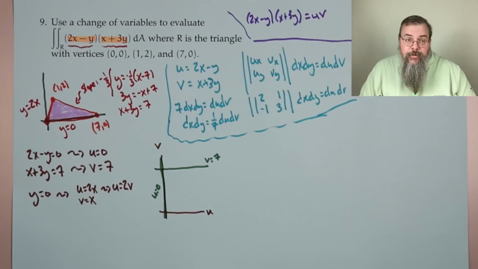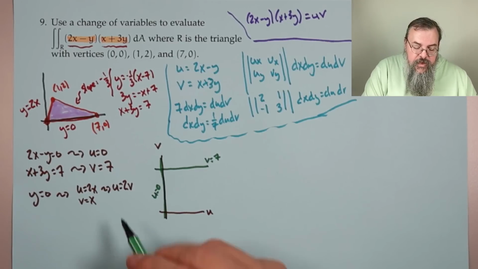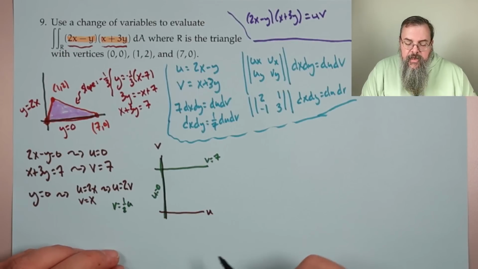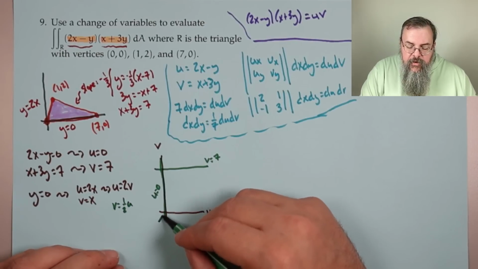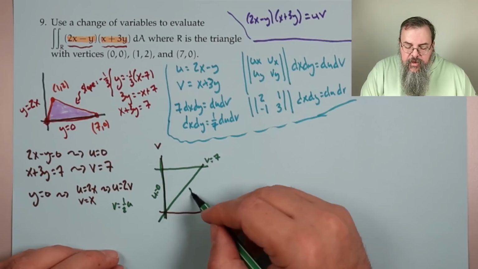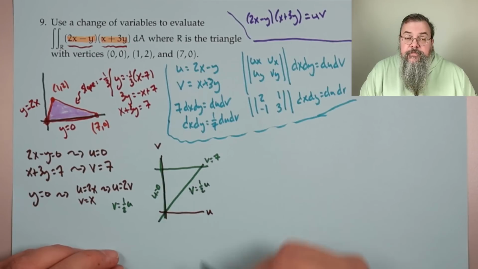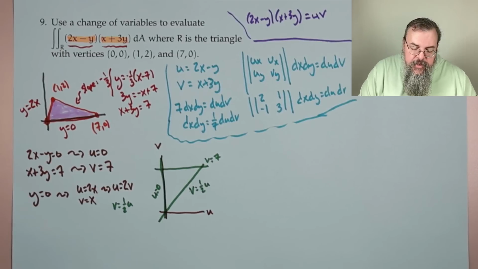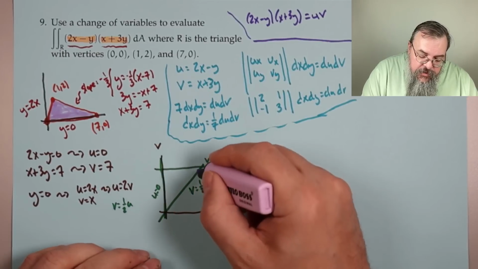And then we have one more curve, which is u equals 2v, or if we're thinking about this the way we normally think about it, v equals 1/2 u. All right, that's our shape, and now there's our region.